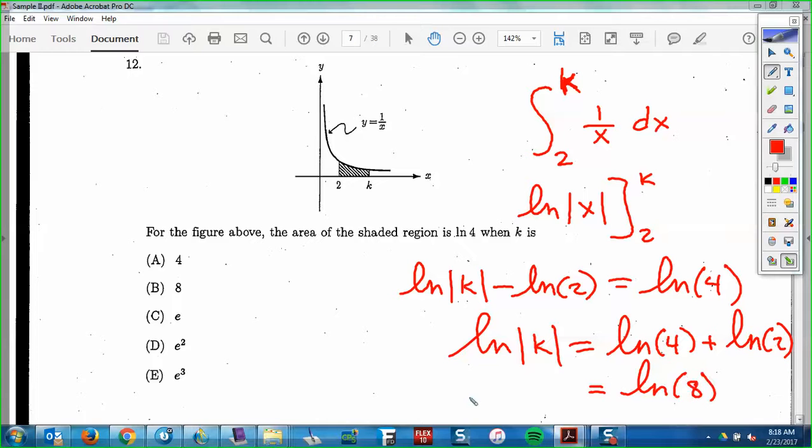That is ln 8. So k is 8, right? Because the property of log says if you add 2 logs, you can multiply them, or if you have a multiplication, you split it into addition. Likewise with division. Okay? So you can know everything in the world about calculus and get down to here, and then it's the pre-calc stuff that gives us the answer.